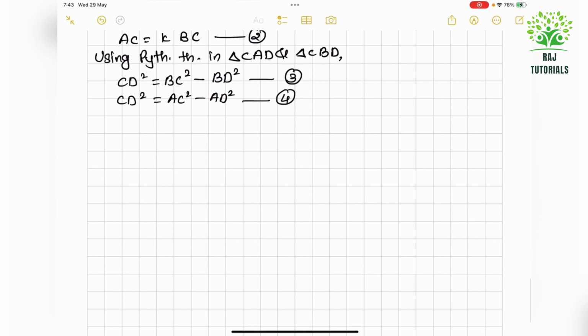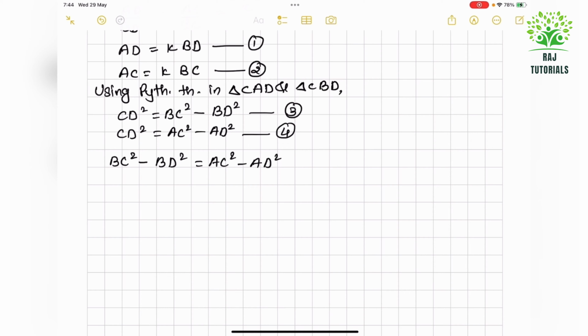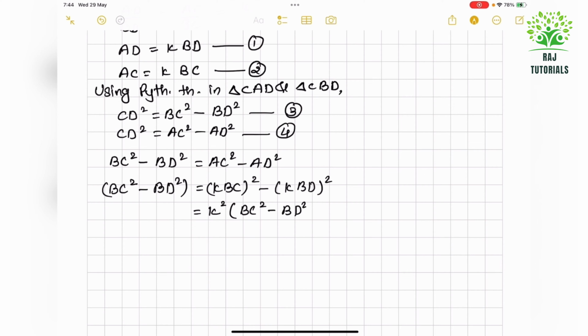So if you see carefully, 3 and 4 LHS are equal, so I can say RHS also will be equal. So now as we have got in 1 and 2 the values, I will be substituting those values here. So here I am keeping BC square minus BD square, and here AC is K BC, so whole square minus K BD whole square. If I take K square common, I will get BC square minus BD square.